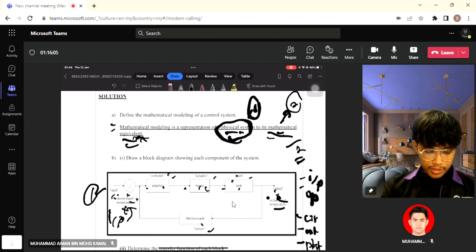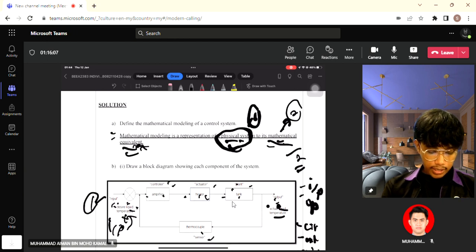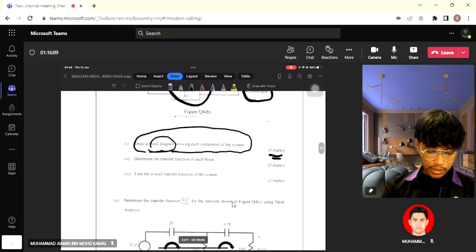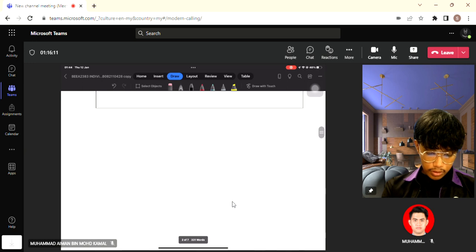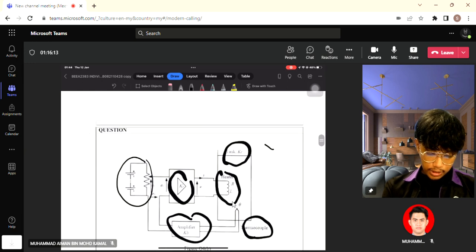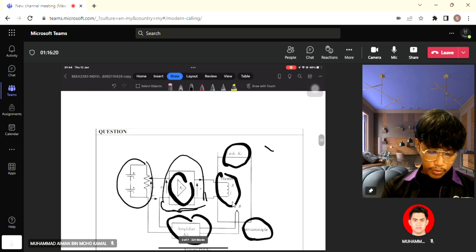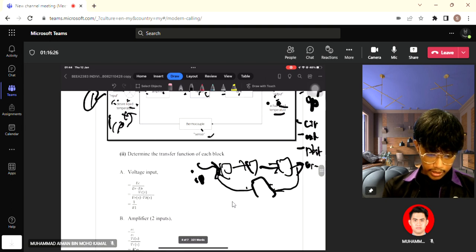So for the controller, the controller is the one that controls the system. From this figure, you can see the middle one is the amplifier, Ka. Alright, so we write here amplifier.